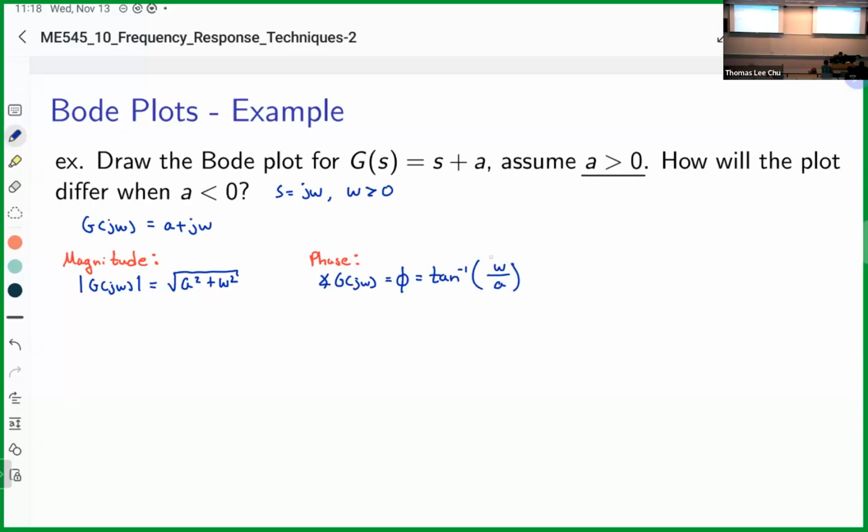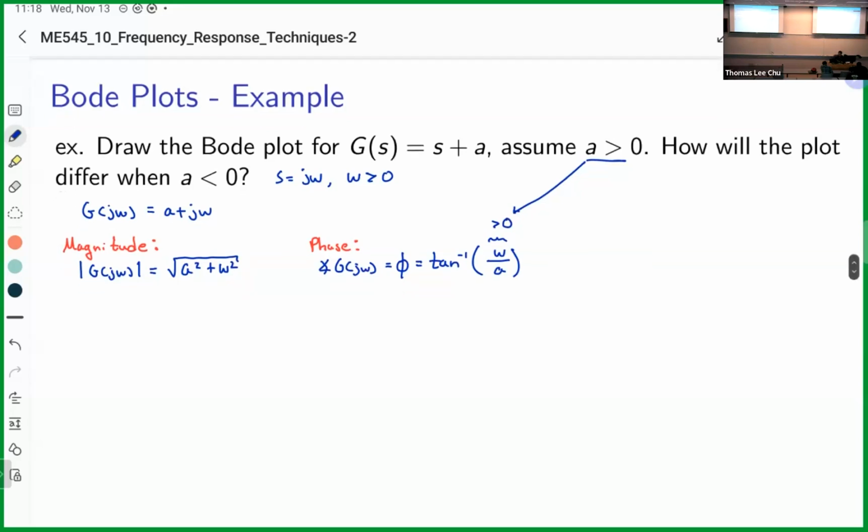And because this is always positive, because of my given statement here, this is always going to be a quadrant 1 angle. All right, we're done. That's it.